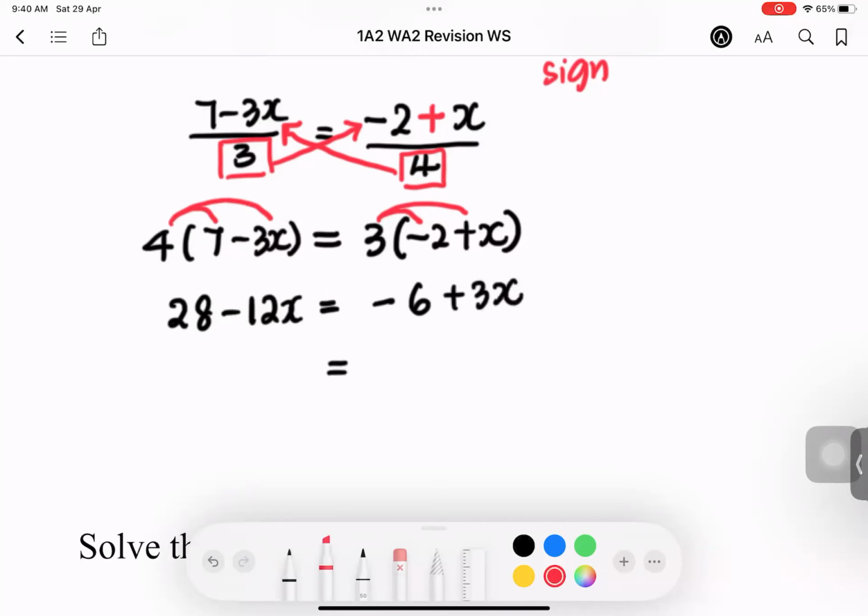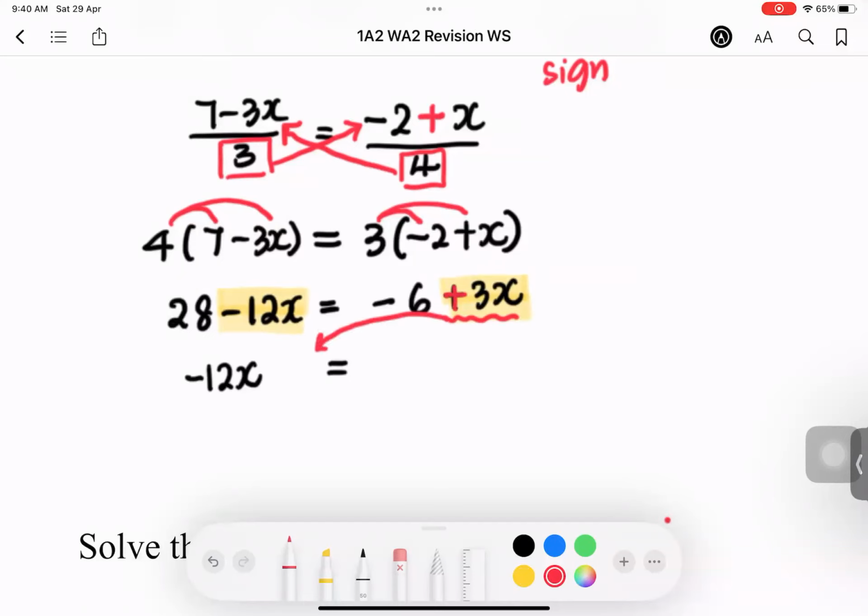Next person, Jared. Who should I group negative 12x with? Negative 12x with positive 3x, correct, and negative 6 with positive 20. Thank you. So in this case, negative 12x. Next person, Ian, this is minus 12x over here. This one is plus 3x. What will it become?